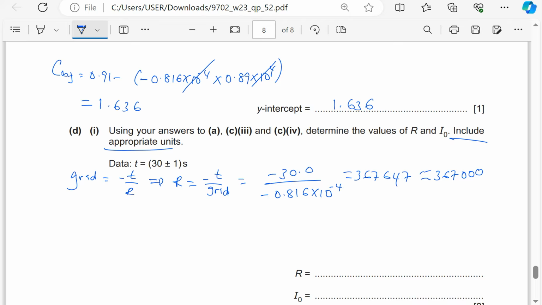That is R. Then we know that the y-intercept was equal to ln of I naught times R. So the y-intercept was equal to ln of I naught times R. So if I remove the ln, it means I naught times R is equal to e power the y-intercept.